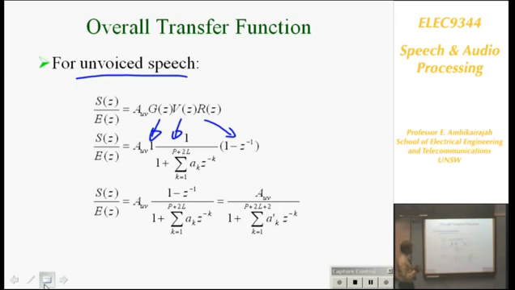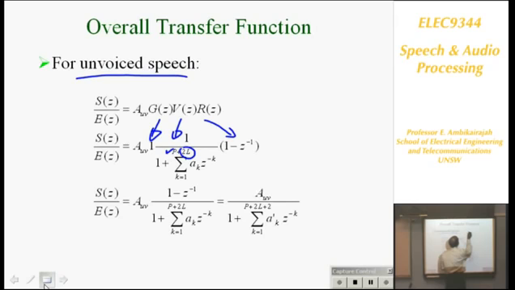Now the question you're going to ask is, P is okay, but where's this 2L? What happened for unvoiced speech, which is missing here but will be in the lecture notes, is that the nasal tract comes into play, and you have got zeros. You've got a lot of zeros.